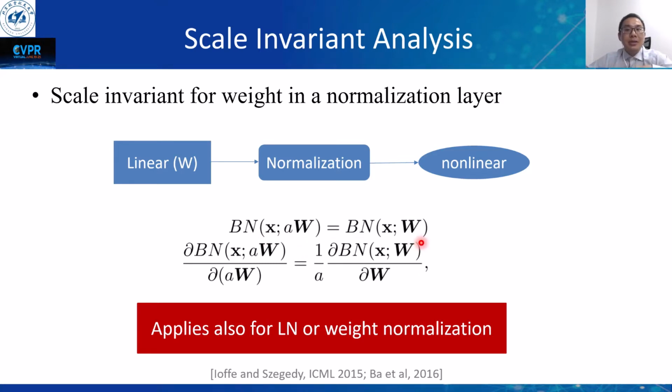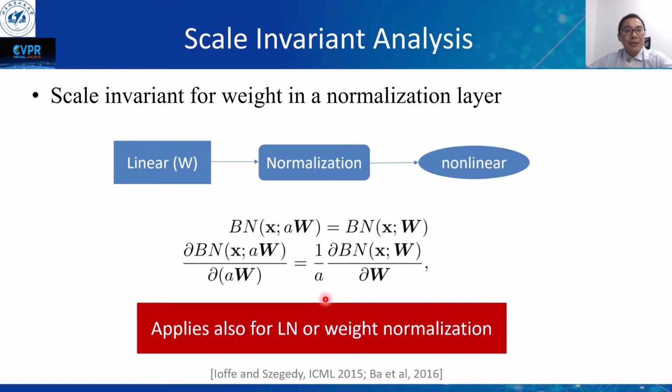This means the prediction of a network is not sensitive to the scale of its weight if batch normalization is used. One interesting phenomenon is that this scale affects the gradients of the network. It is inversely related to the scale a. This mechanism has a good property for adaptively adjusting the learning rate.